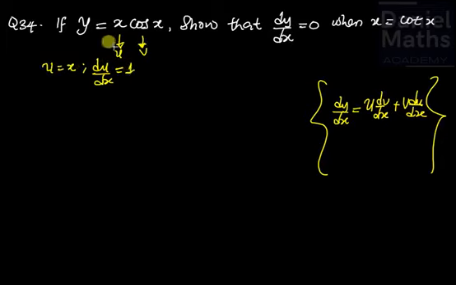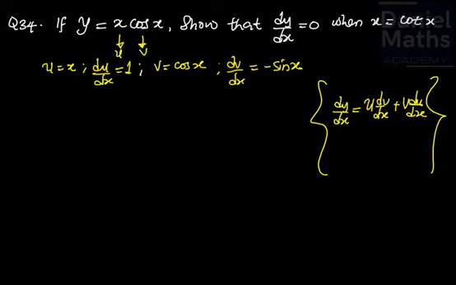Now we have that v is equal to cos x, then it therefore means that dv upon dx will give us minus sine x, because if we differentiate cos x, you get minus sine. If you differentiate sine, you get cos.